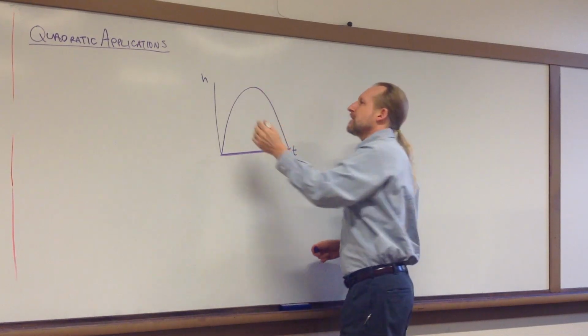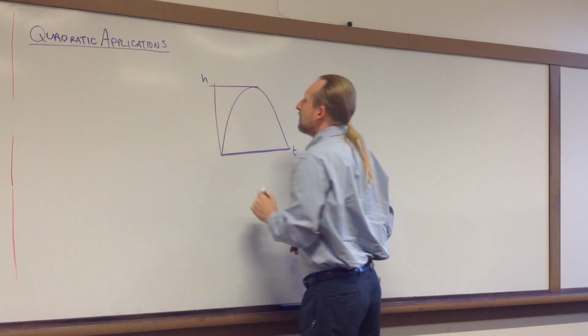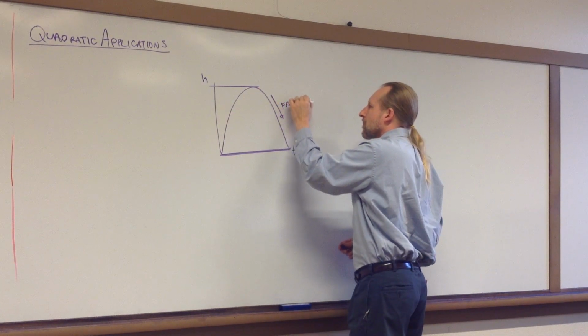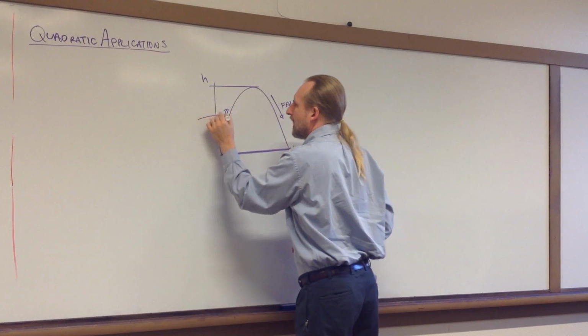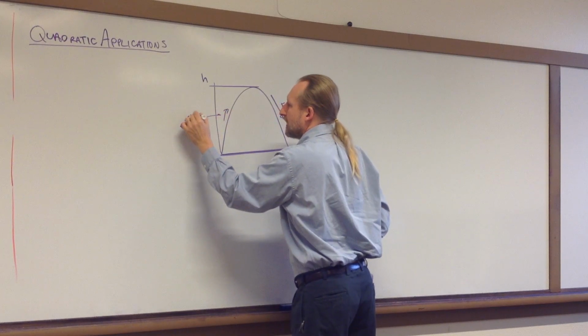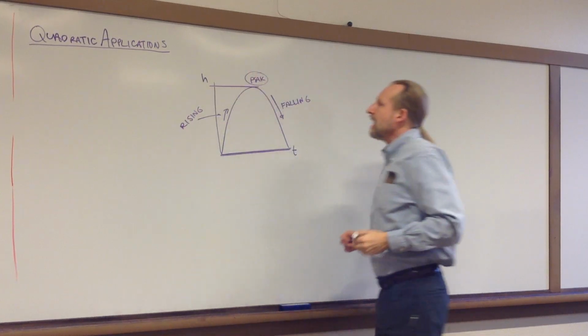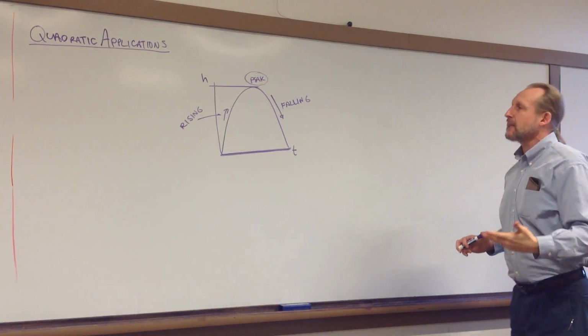At the peak of its height, it's going to start falling again. Over on this side, it's rising, and this is the peak of the height. That's the vertex of the parabola.